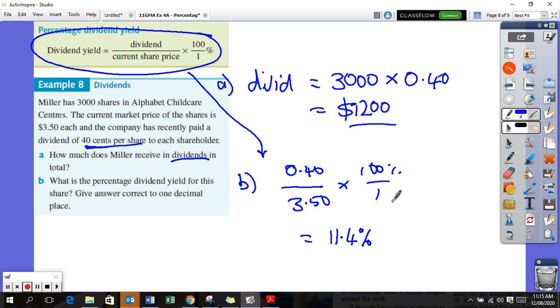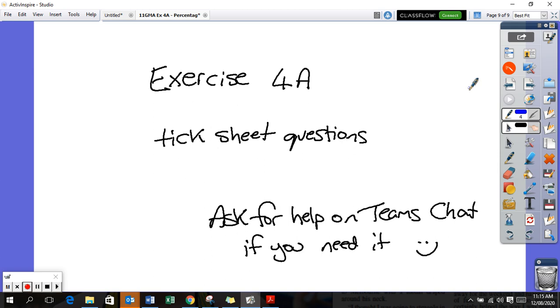Okay, it's really important you've got these formulas copied into your bound reference. You don't need to memorise the formulas, but you do need to know where they are and how to use them. So, there's a bit of work there, exercise 4A, tick sheet questions.